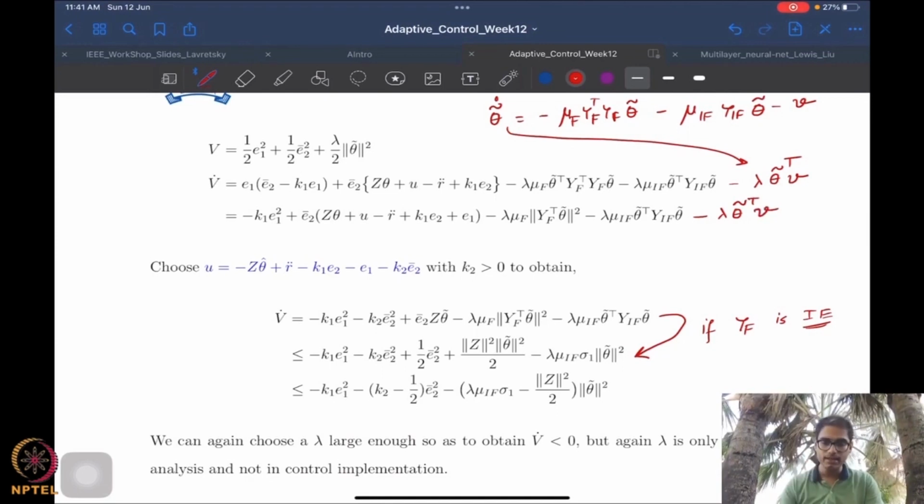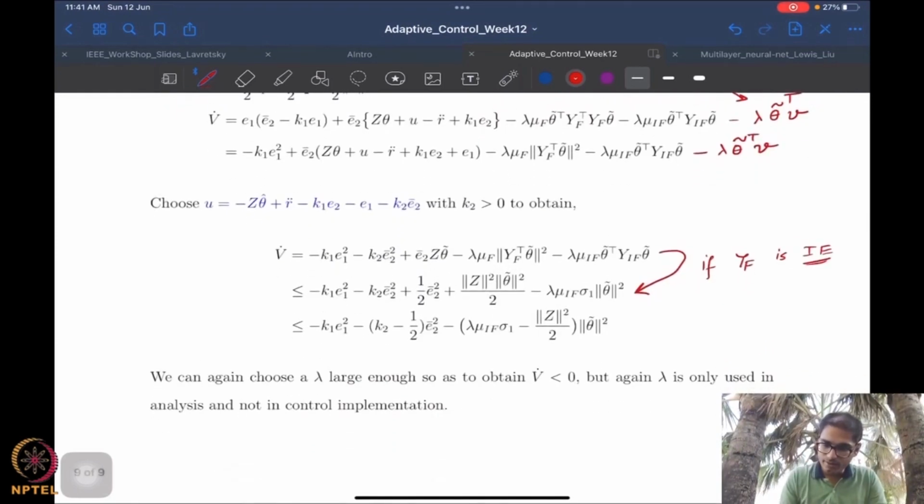Yeah, this term remains as it is. And here too, this term remains as it is. Now at this stage, if you notice, I can look at these two terms together, right?